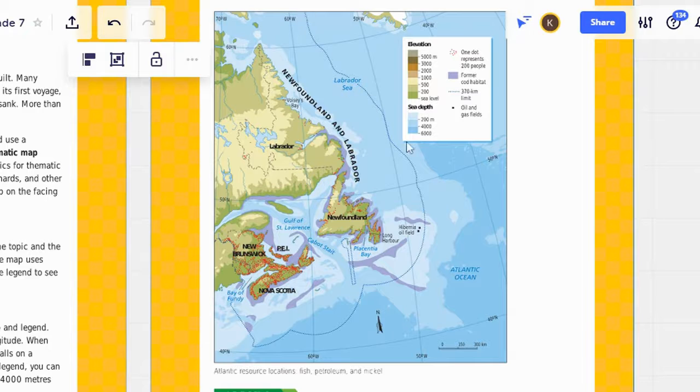So you can see that's what this line is here, the 370 kilometer limit. So after 1982, then foreign countries were not supposed to come in that range to fish for cod. However, it does say that even after that time, it wasn't always monitored, and there still were foreign countries coming and taking more cod than they were supposed to. So all those reasons led to the depletion of the cod supply.